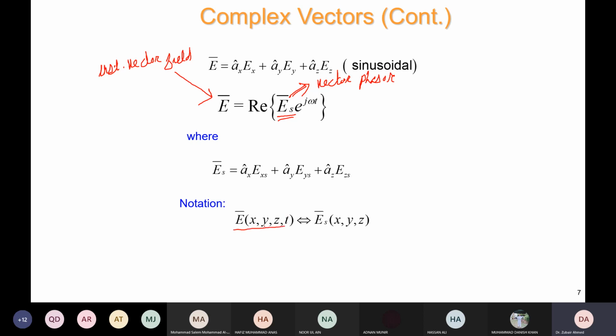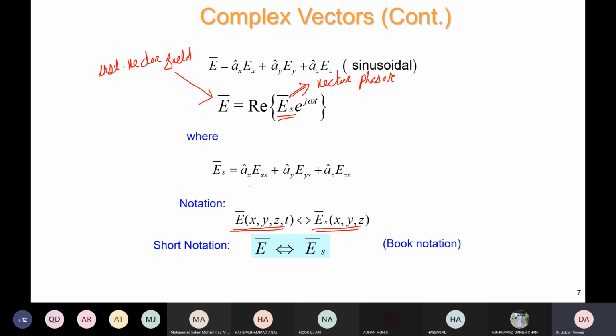So this is my instantaneous vector field. On the other hand, when we suppress this time variation and use this subscript s, then we are denoting the phasor vector corresponding to this instantaneous vector field.